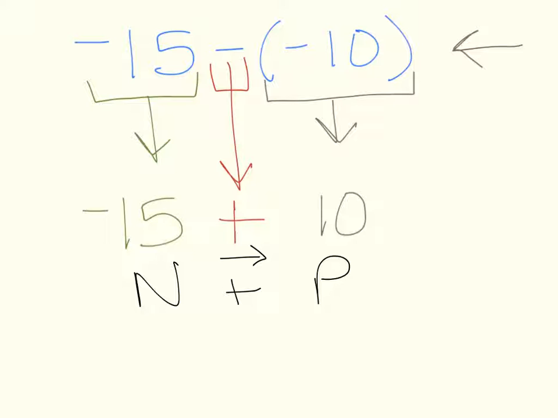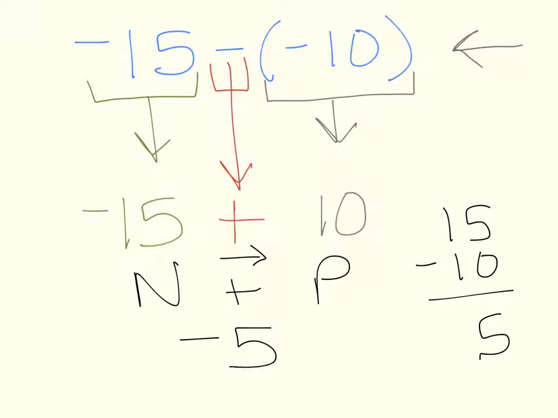I can make 10 zero pairs. So if I take all 10 of my positives and pair them up with 10 of my negatives to make my zero pairs, I would subtract 15 minus 10 to get 5. And those 5 chips that are left are negative. So my answer here is negative 5.